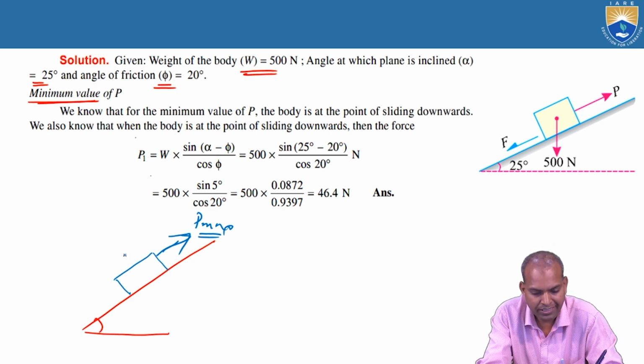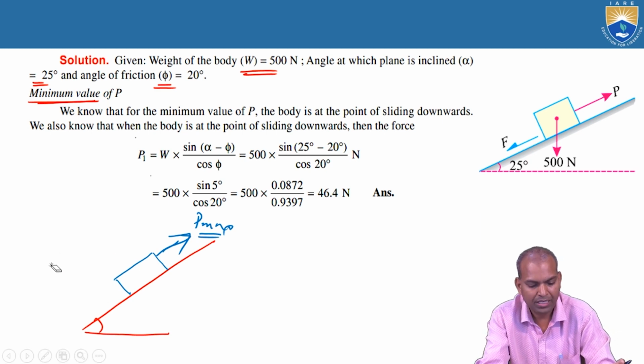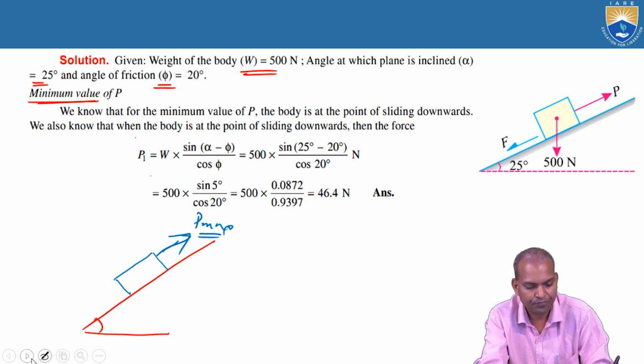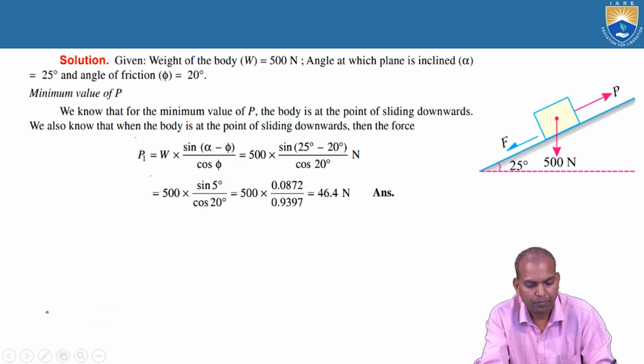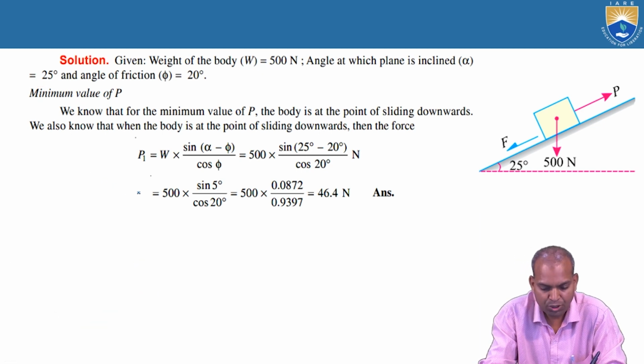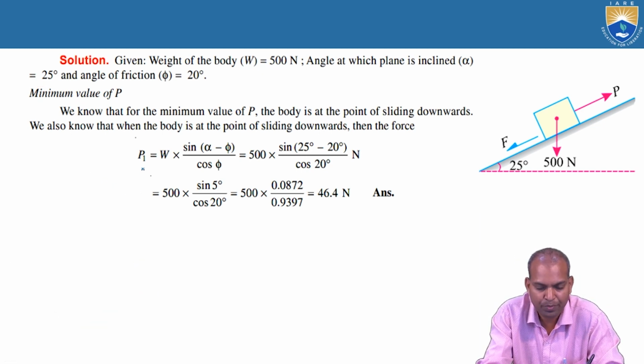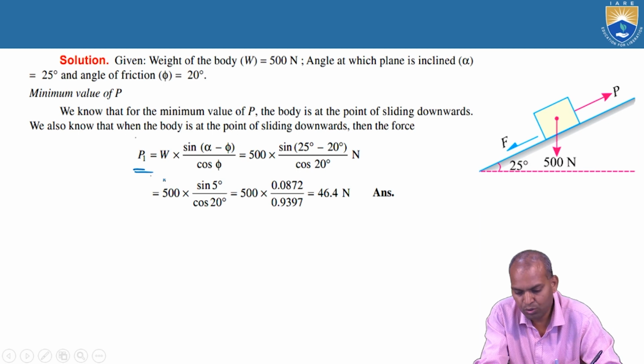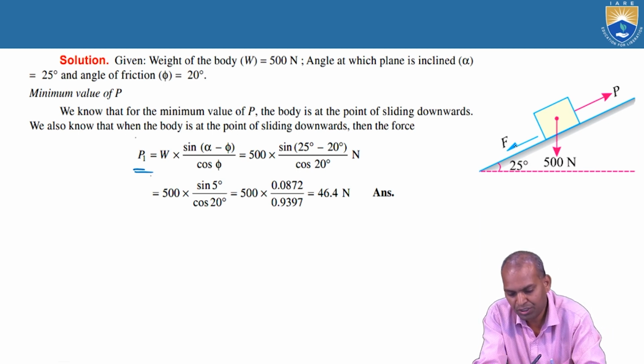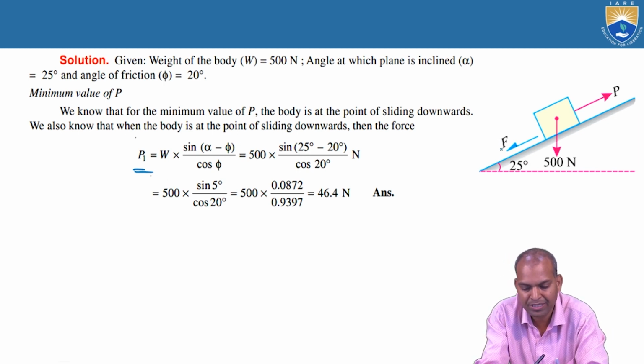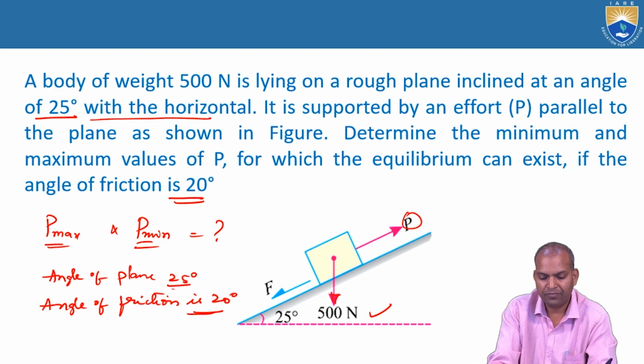Further, we have already derived the expression in previous sessions: P1 is equal to W times sin(alpha minus phi) by cos phi. Here, even though we are showing the friction force and all, this diagram indicates the condition for which the body equilibrium exists.